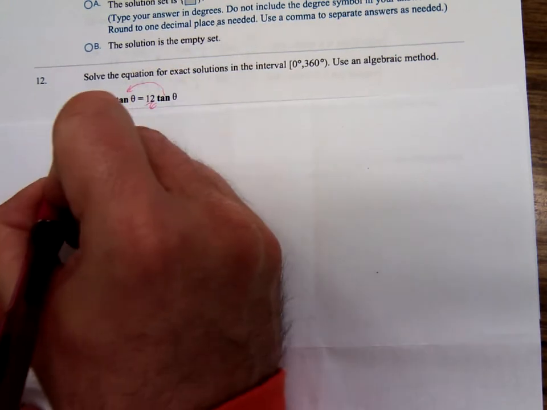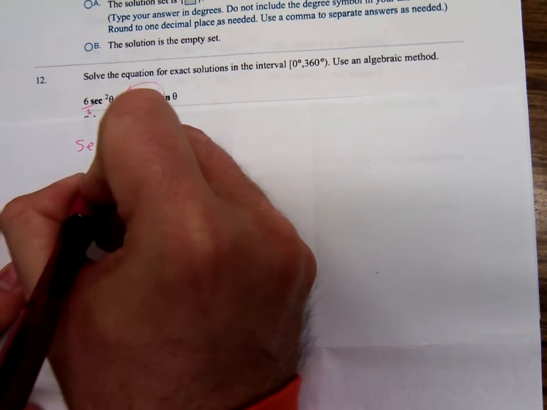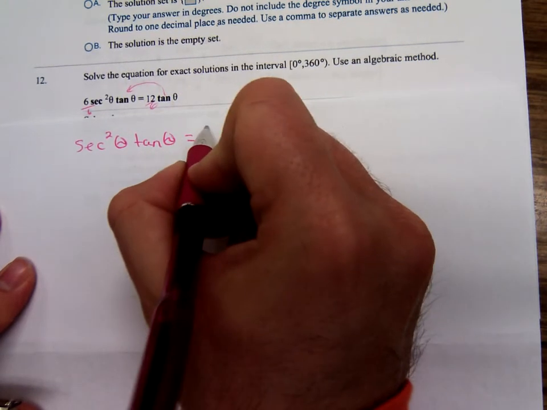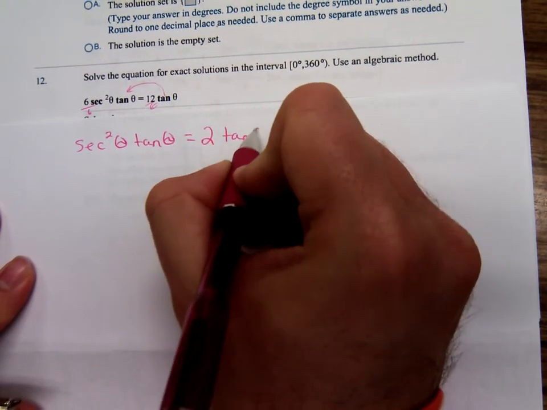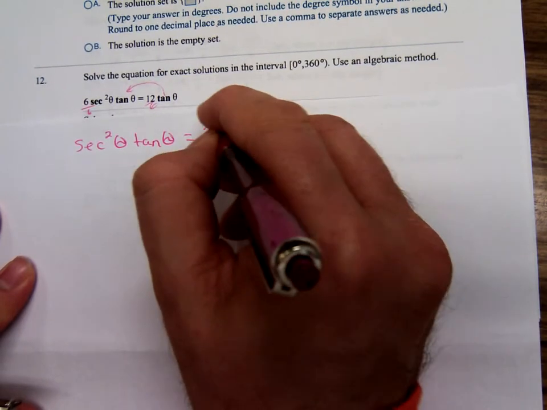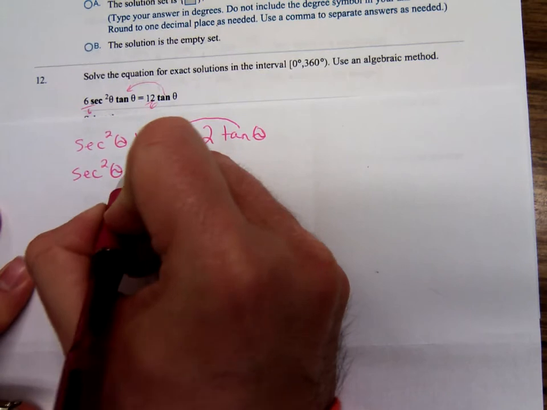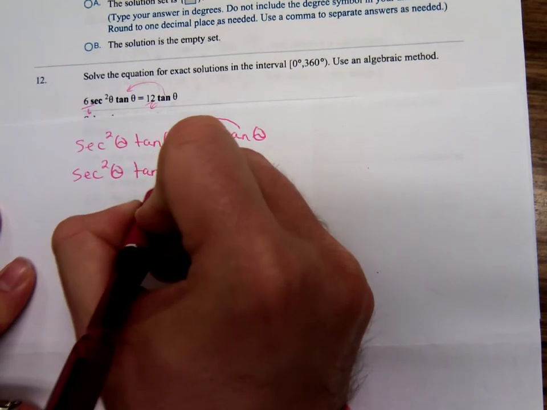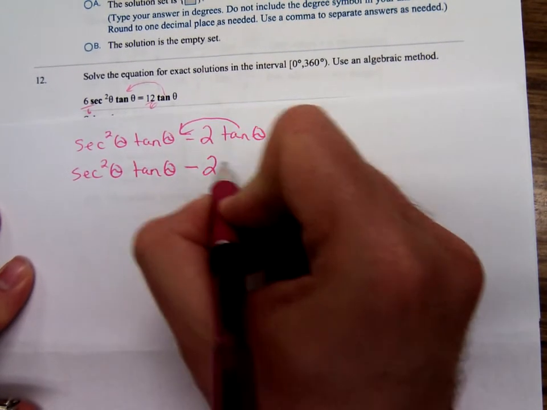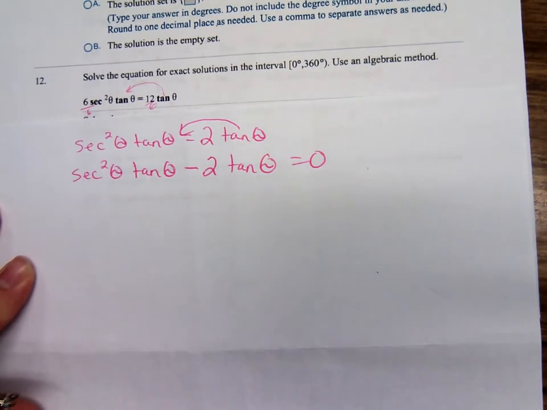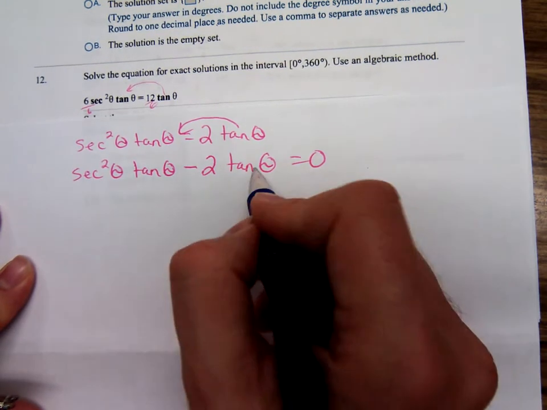So secant squared theta tangent theta equals 2 tangent theta. Move this over, so it's a -2 tangent theta equals 0. Factor the tangent theta from each term.